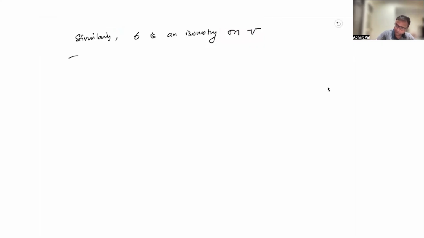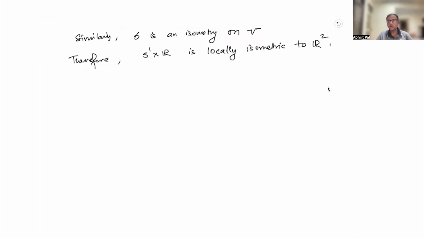Therefore this S1 cross R is locally isometric to R2. So we got an open subset U of R2 and a map sigma such that sigma is an isometry from U to sigma(U). Okay, all right.